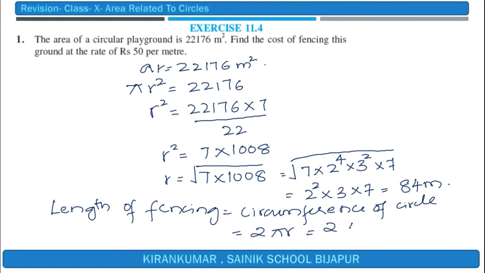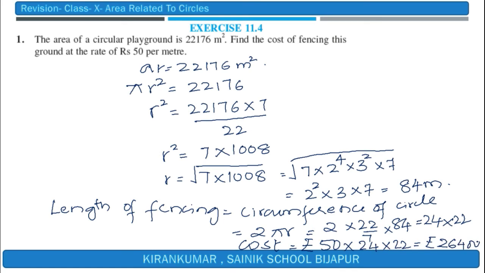This will be 2 times 22 upon 7 times the radius, which is 84, and we get it as 2 times 12 times 22, so 24 multiplied by 22. Hence the cost will be rupees 50 multiplied with 24 and 22. We get it as rupees 26,400.